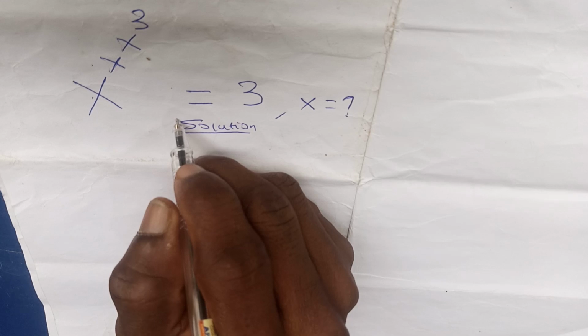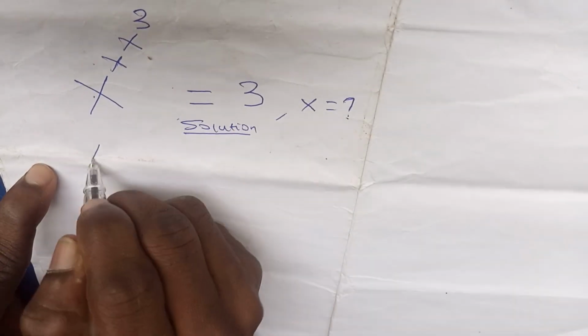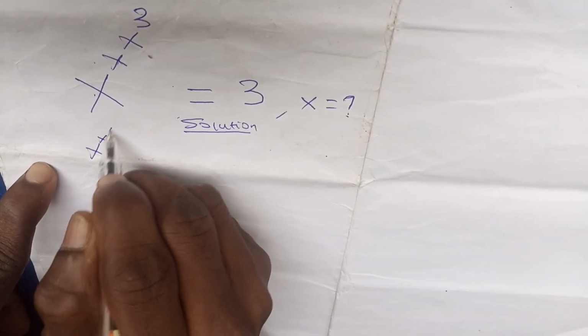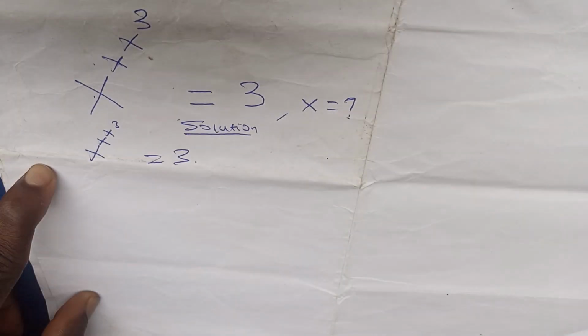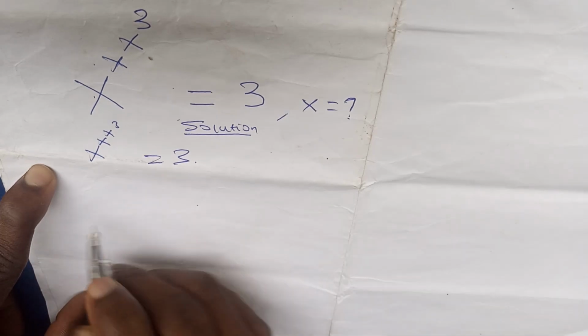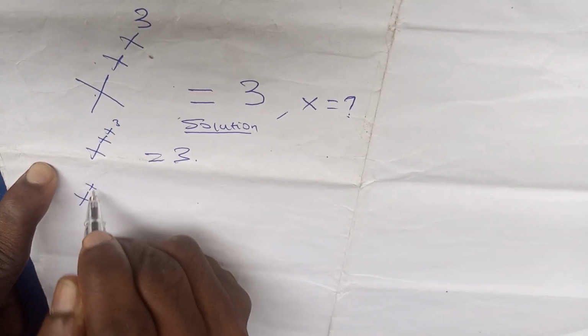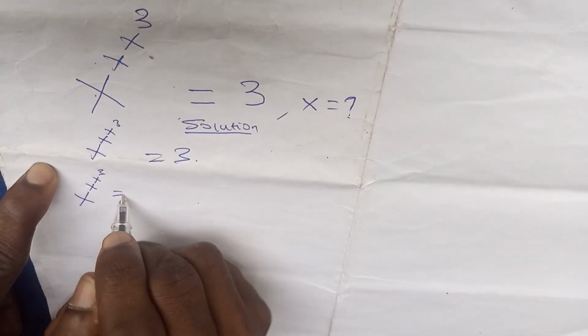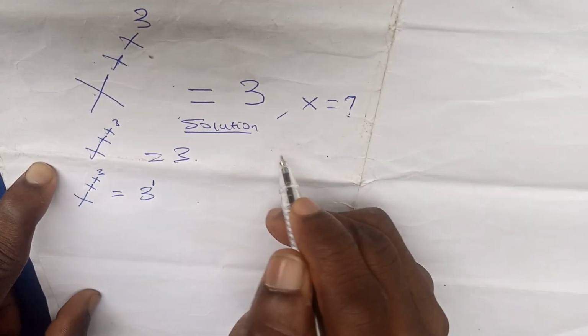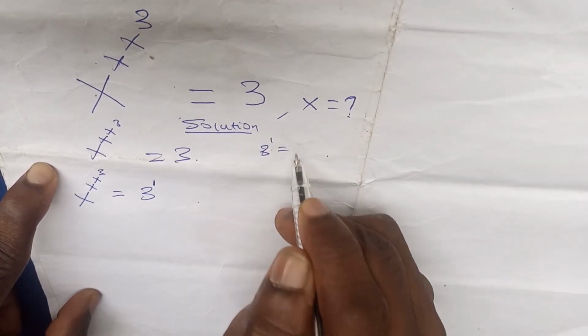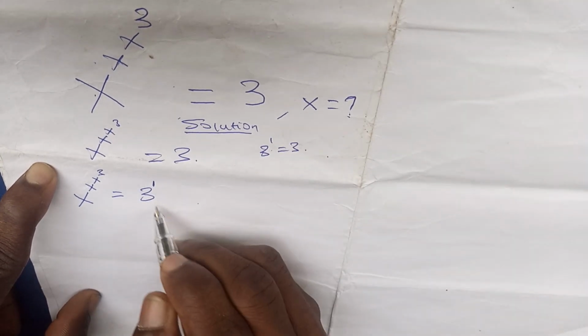Since I've written solution, I can bring down the question which says x to the power of x to the power of x to the power of 3 is equal to 3. I can write this again as x to the x to the x to the 3 is equal to 3 to the power of 1, because 3 to the power of 1 is also going to give us 3, so nothing changes.